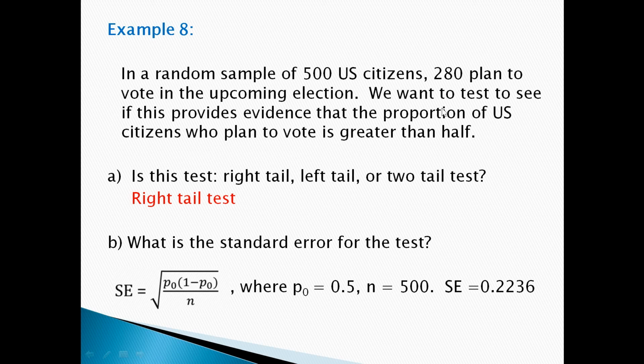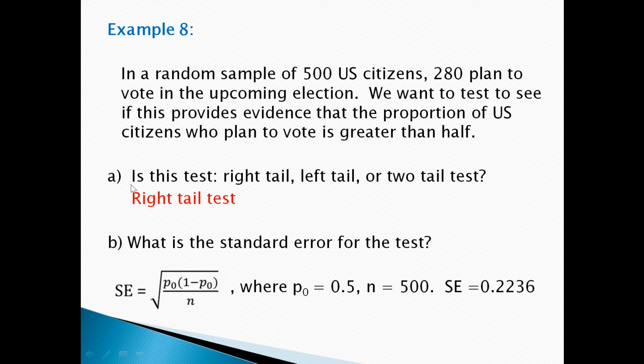So again, the minute they say test or evidence, we need to perform the hypothesis test. Hypothesis test meaning I need to find the hypothesis null and alternative, I need to find the Z, and then I need to find the p-value. So before I do any of this, I need to make sure that my values are higher than 10, and I can see that this is higher than 10.